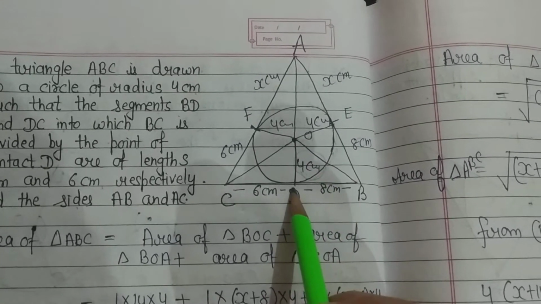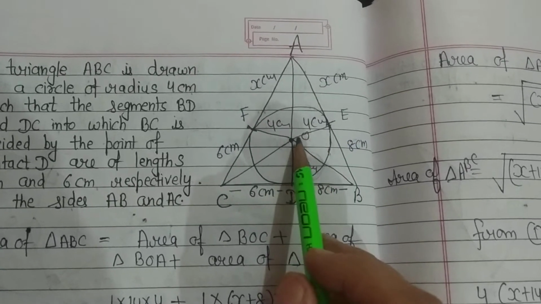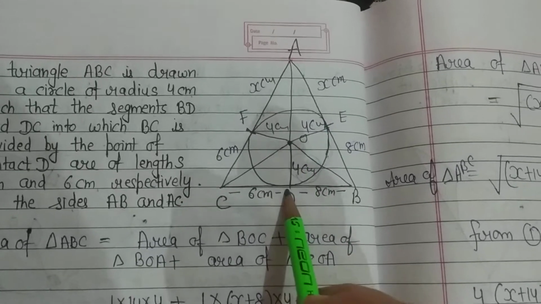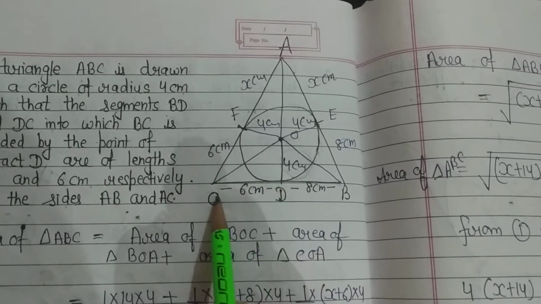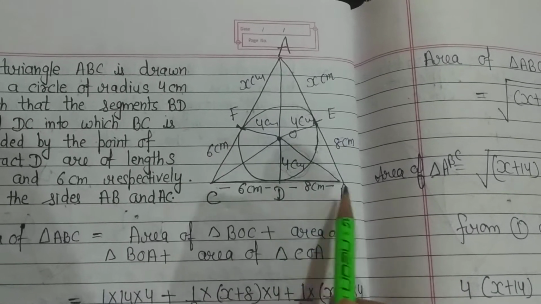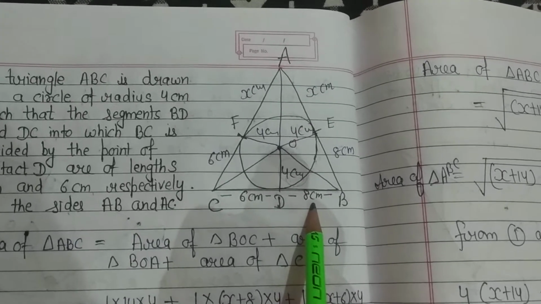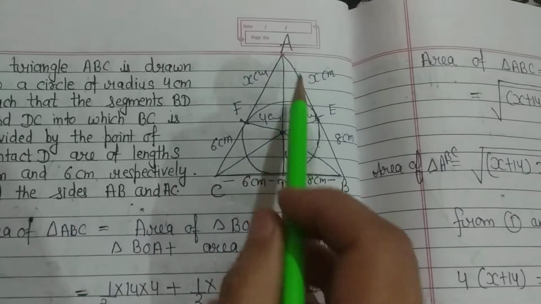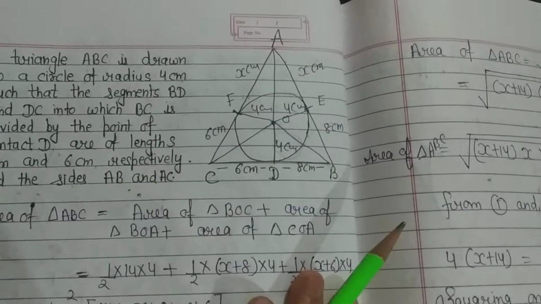It is also given that CD is 6 cm and BD is 8 cm, and we have to find the other two sides, AB as well as AC. AB and AC we have to find out.